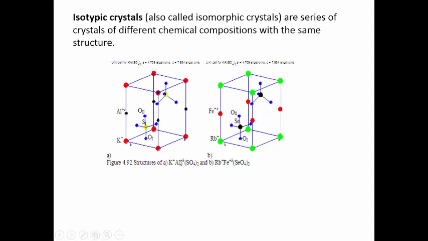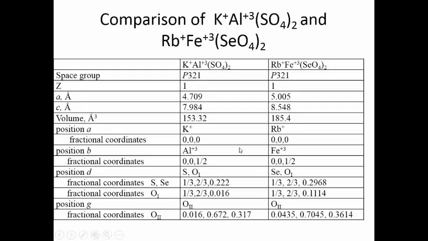It doesn't always work out if they are 1-to-1, but they have to be 1-to-1 if they're going to be what we call an isotypic crystal or series. So these are also called isomorphic. They have the same form. So once you understand this one, you can see how you understand the one on the right easily.